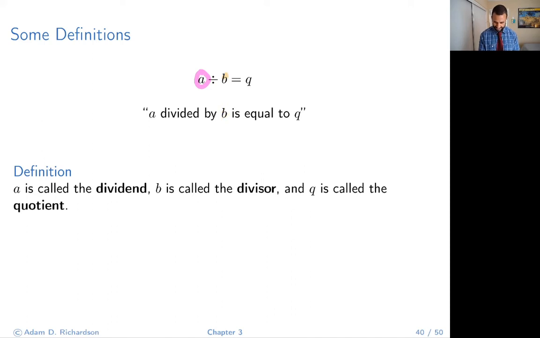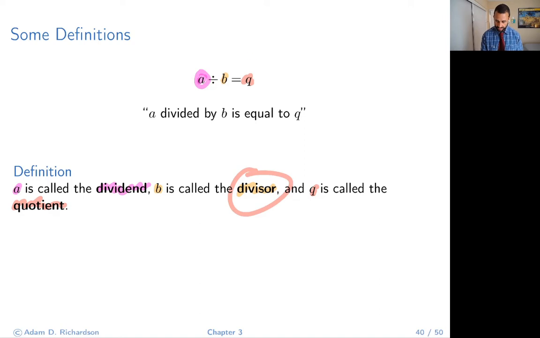And then Q is called the quotient. So those are some good terms to know. In particular, divisor is an important one to know. Just make sure you're comfortable with it. The result of a division is called a quotient.